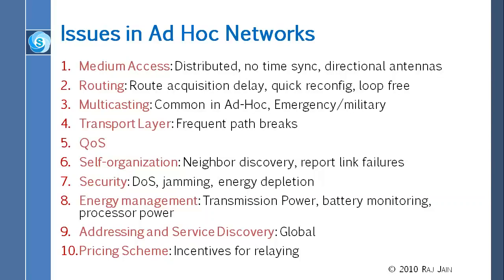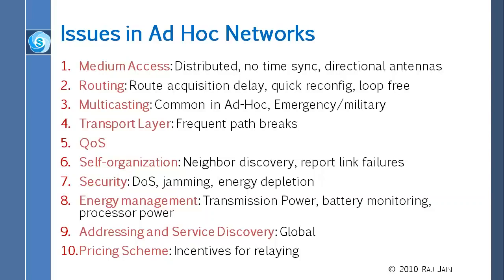Quality of service. Now, how do you really do any video or anything that requires guarantees in a situation where we have so much dynamics? Quality of service has not been solved even in wired networks, let alone in wireless, and then let alone in ad hoc networks, which are a kind of difficult case of wireless networks.